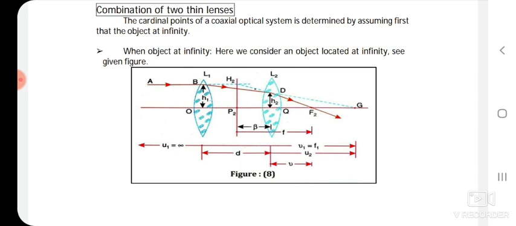The ray BD, instead of going along BDG, refracts along the path DF2.